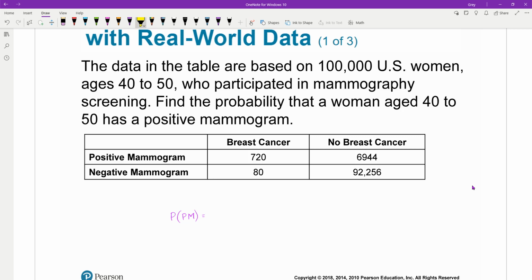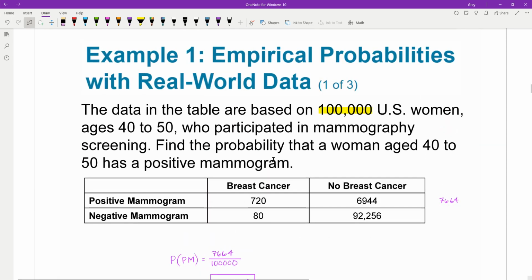So I'm going to add up 720 and 6,944, and when I add that up, I get 7,664, and they told us up here that we had a total of 100,000 women. So the probability that a woman has a positive mammogram is going to be 7,664 over 100,000. Pay attention to how MyLab Math wants you to answer that question and round accordingly. But as a decimal, that would be your answer.